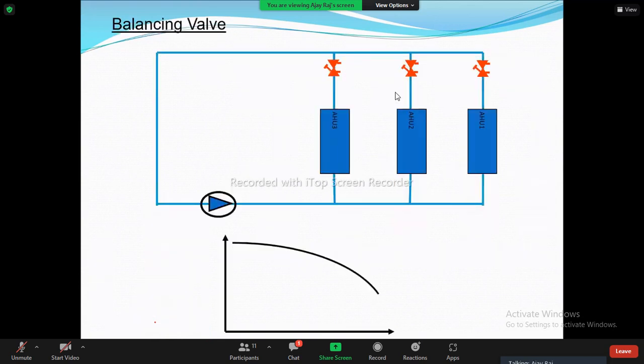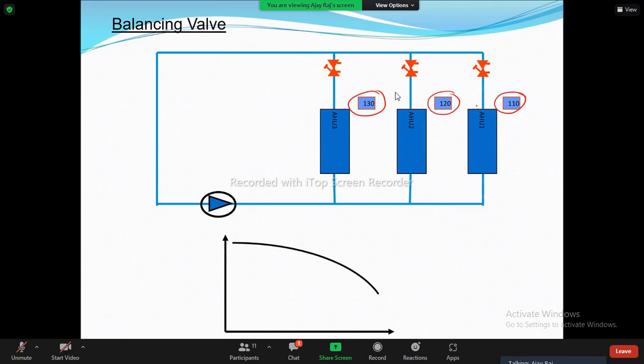So how does this actually happen at site? Let's say I have 3 AHUs, 3 balancing valves, and 1 pump. When all the valves were open, there was 130 GPM in AHU3, 120 GPM in AHU2, and 110 GPM in AHU1.